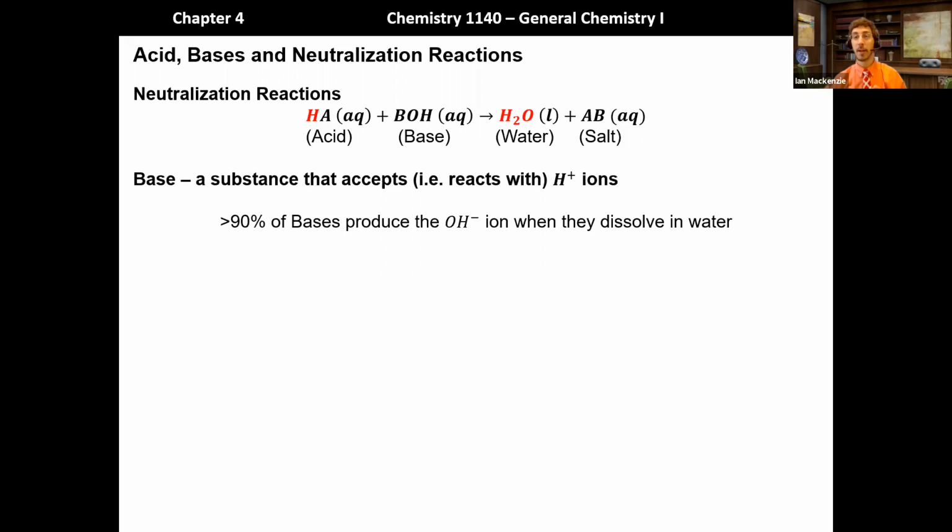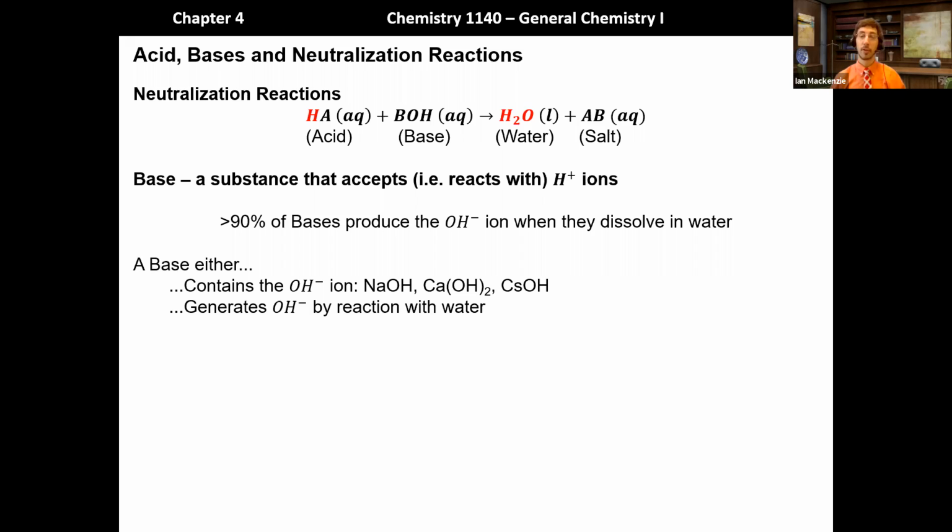And then that OH minus anion reacts with the H plus ion to form water. So the vast majority of all bases contain OH minus in them, so they contain the OH minus anion, as in sodium hydroxide or calcium hydroxide or cesium hydroxide. All of these contain the OH minus anion, which is referred to as hydroxide.